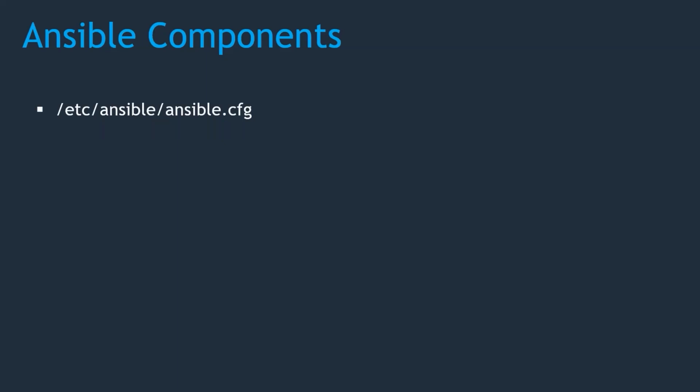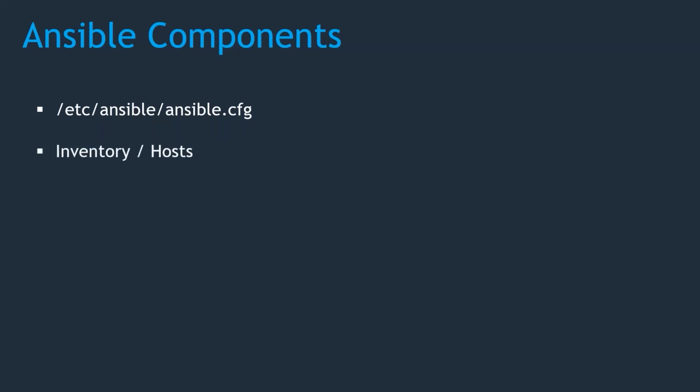This is the file which helps to manage our Ansible playbooks or Ansible commands. We are going to discuss this file today or next class, and it has some default configuration which tells Ansible what it has to do.